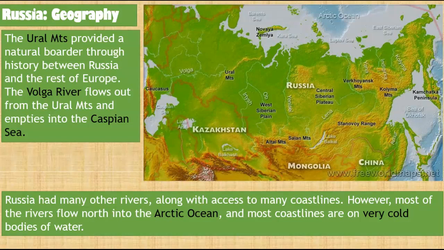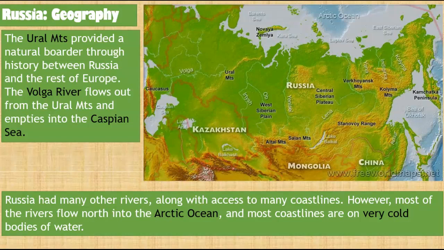The Ural Mountains provided a natural border through history between Russia and the rest of Europe. And the Volga River flows out from the Ural Mountains and empties into the Caspian Sea. I'm sorry, that word border there has an R on the end; it's spelled incorrectly. But Russia had many other rivers, along with access to many coastlines.